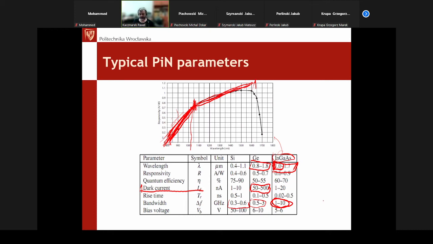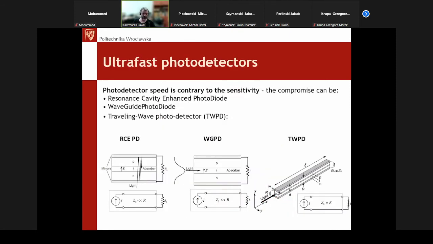Okay, but you can imagine 10 gigahertz isn't enough bandwidth for some extreme or modern telecommunication systems. So there are a couple of different approaches to create photodetectors which have even higher bandwidth.